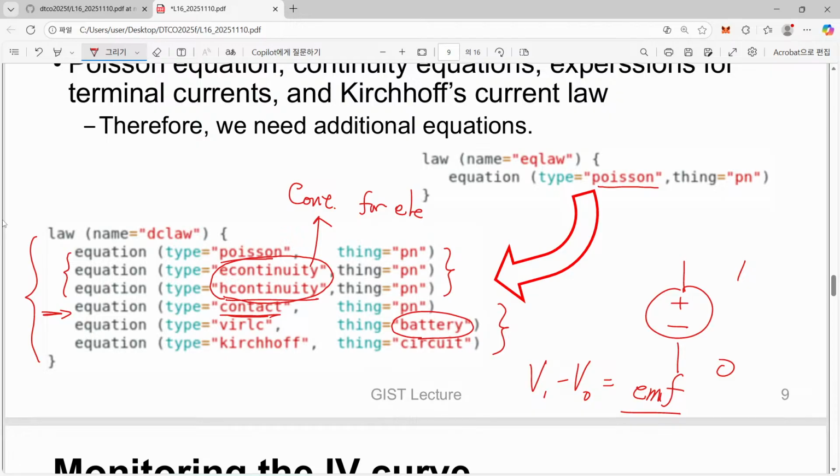That is specified by this equation with a quite strange name. I took quite a long time to set this name, but anyway, this is just a specification for our voltage source. And finally, we have Kirchhoff's current law, KCL, applied.